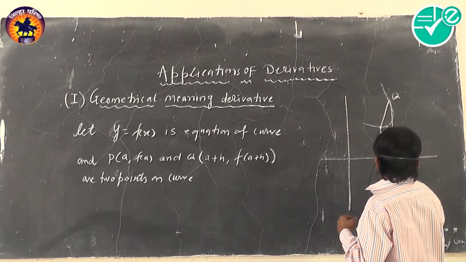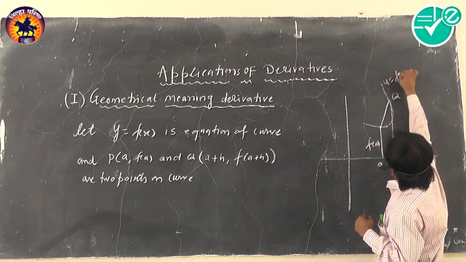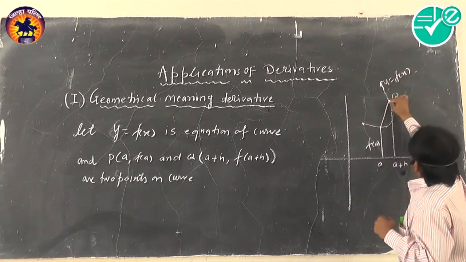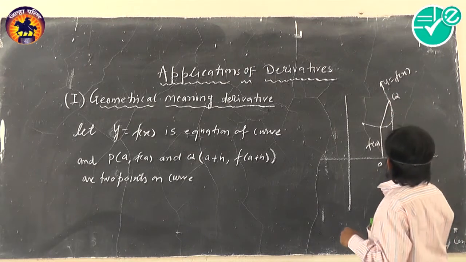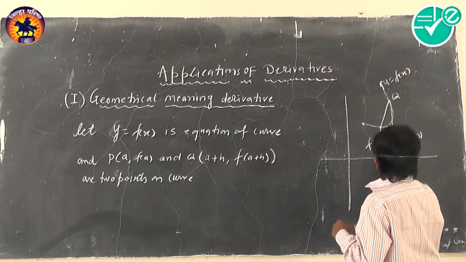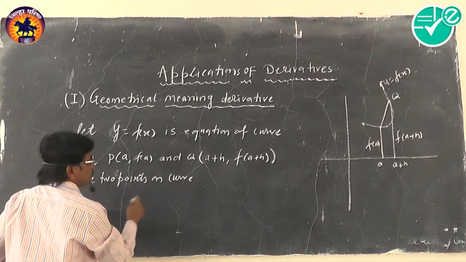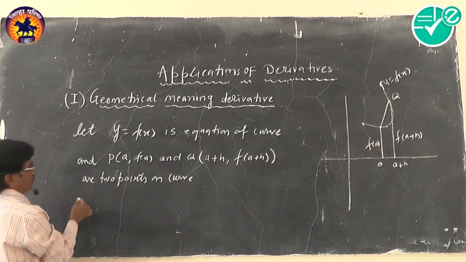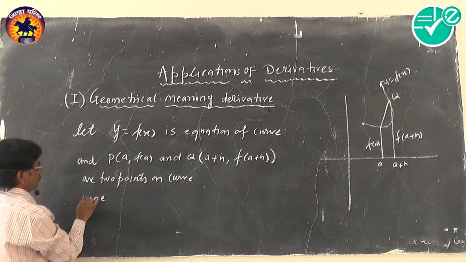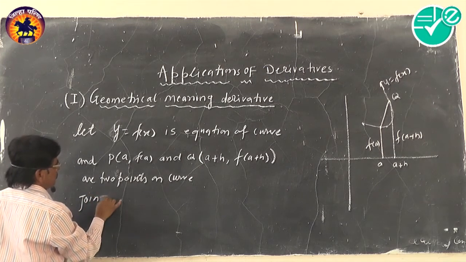Suppose this is A and this is A plus h, this is f of A, and y is equal to f of x is the equation of the curve. This is nothing but f of A plus h. Therefore, join PQ.